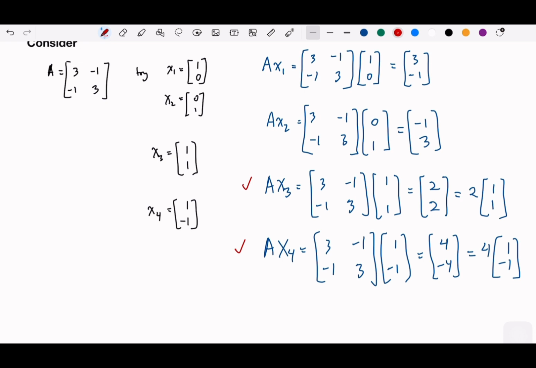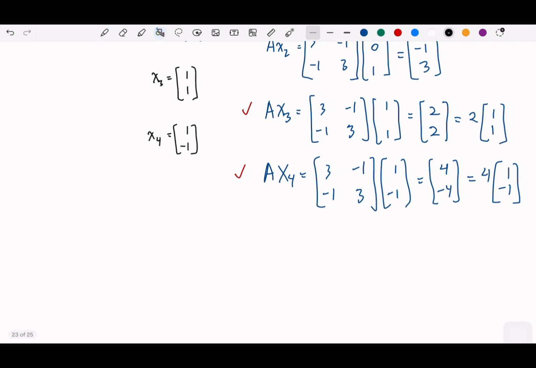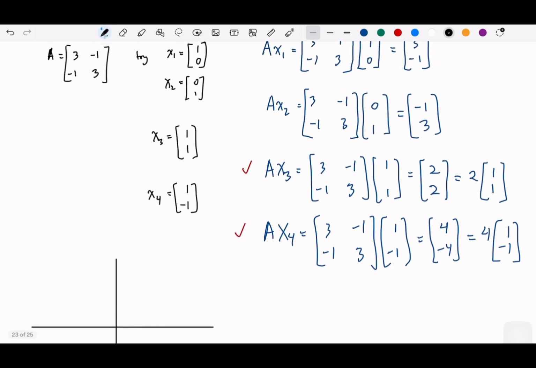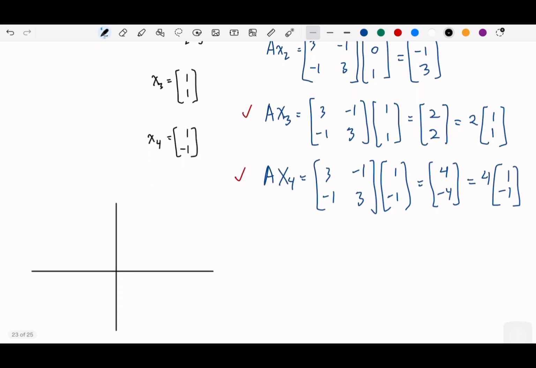If we want to visualize this in a graph, let's say we have x1 and x2, or let's just say xy axes.